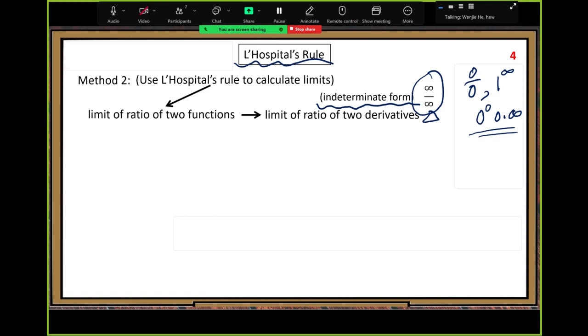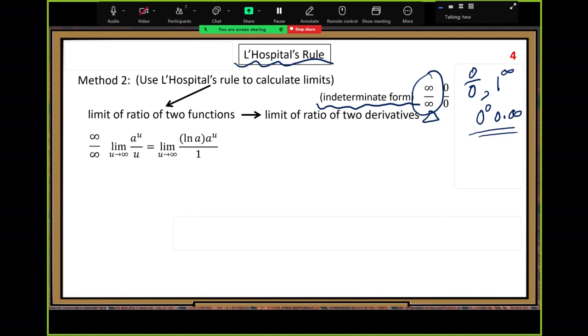Now let's look at how to apply L'Hopital's rule here. First, we check that it's an infinity over infinity indeterminate form, so it's legal to apply L'Hopital's rule. Then we take the derivative. For the derivative of the exponential function a to the u, look on the web or in a calculus book to find that formula.